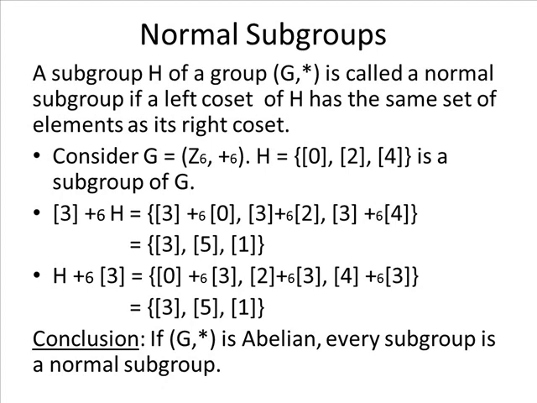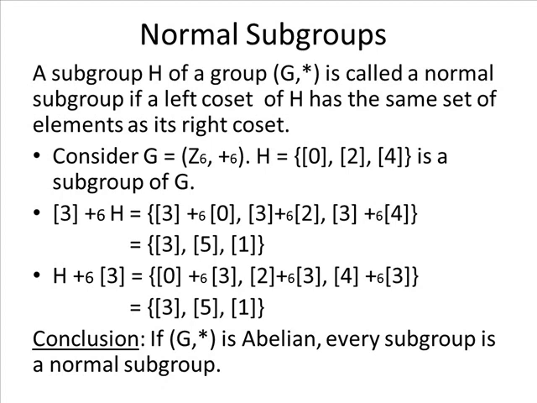So let's consider Z6 with addition modulo 6 again, the same example. When I add 3 to every element of H from the left, I get 3, 5 and 1. When I add 3 to every element of H from the right, I still get the same set of elements. So this means that H here actually qualifies as a normal subgroup.